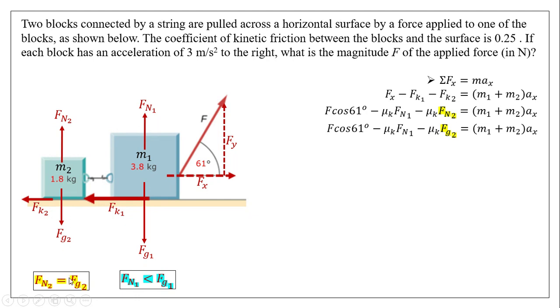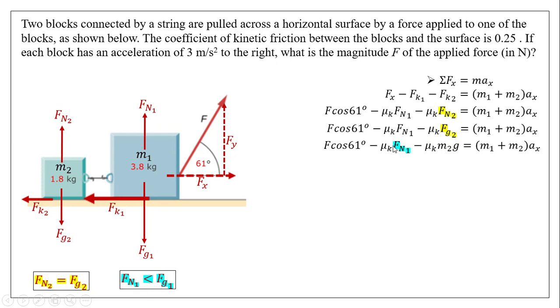So Fn2 must equal Fg2. I did that substitution there: Fn2, I replace with Fg2. And then Fg2 I broke down into mass 2 times gravity, because by definition, Fg is just the mass times gravity. And which mass? Mass 2, because this is Fg2.